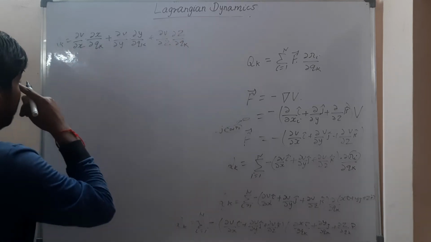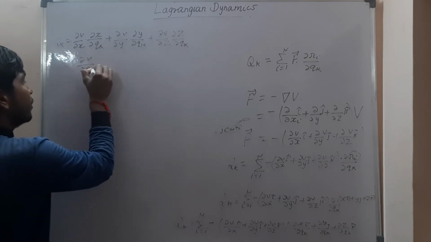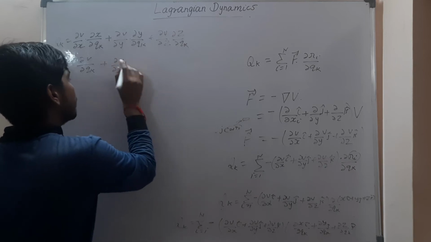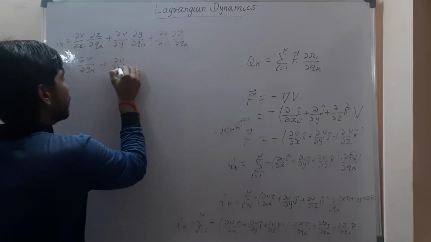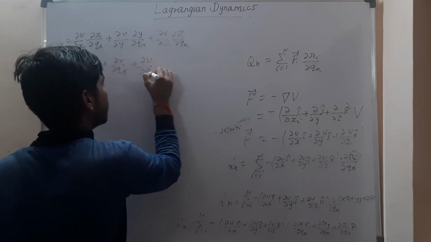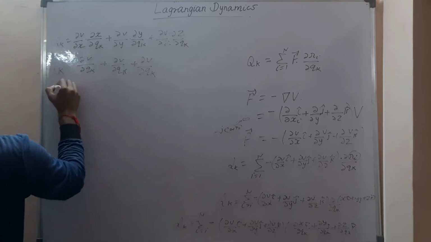And if I see, then I can write it this way: del v y by del qk plus del v, sorry, by del qk plus del v by del qk. This is equal to qk.